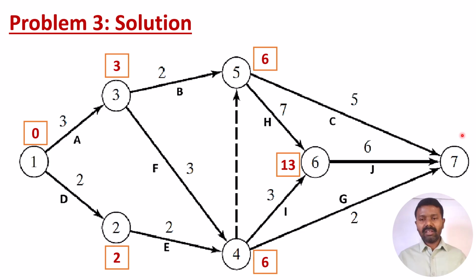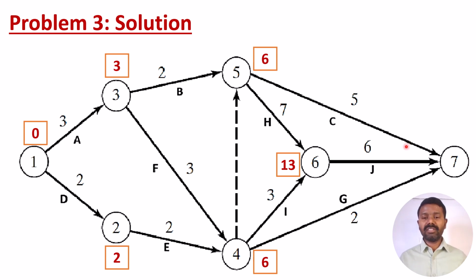Next, let us see the final node. From the 5th node to the 7th node, 6 plus 5 is 11. This path is giving 11, and if you take this path, 13 plus 6 is 19, and if you come to this path, 6 plus 2 is 9.